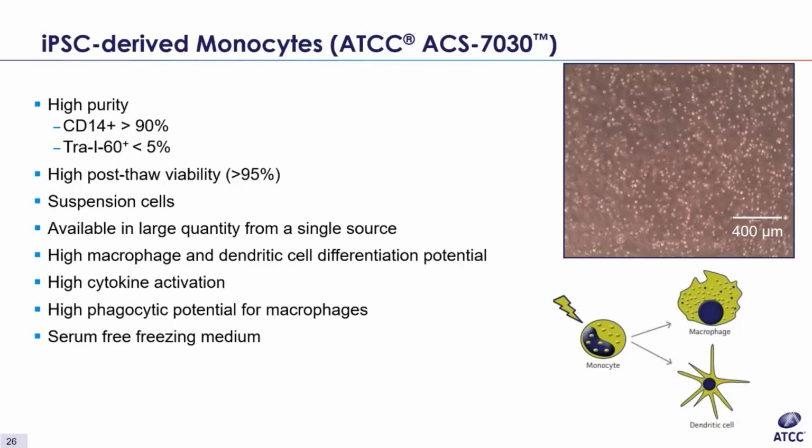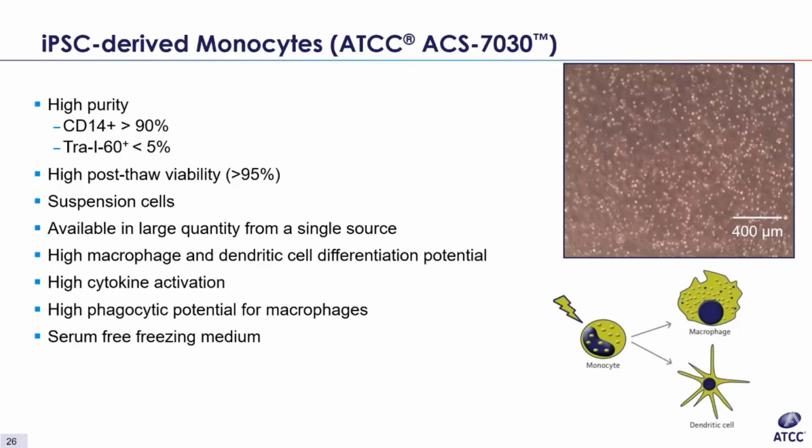Dendritic cells, on the other hand, are a type of bone marrow-derived leukocyte. They're the most potent type of antigen-presenting cell of the mammalian immune system. Their main function is to capture antigens and present the processed antigens to the T cells. They act as messengers between the innate and adaptive immune system.